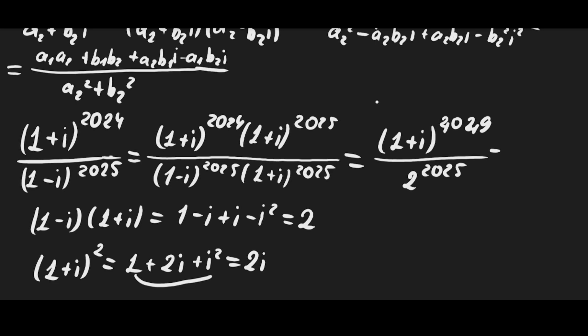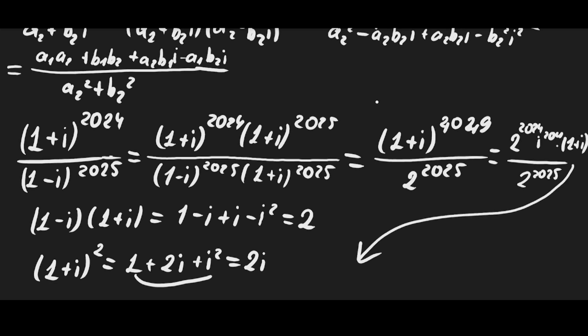So our product can be represented as 2 to the 2024 times i to the 2024 times (1 plus i), and this is divided by 2 to the 2025.